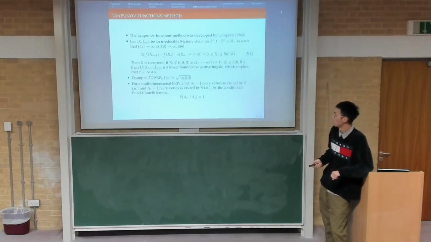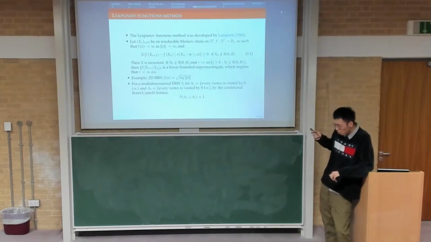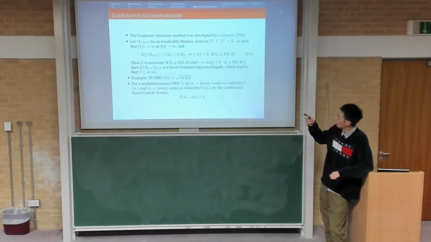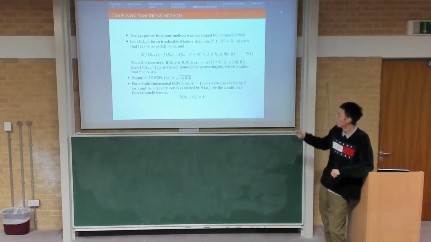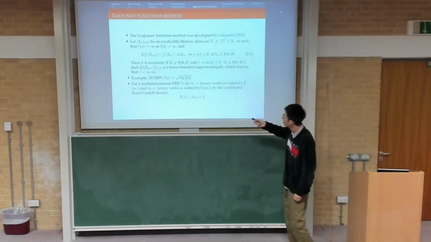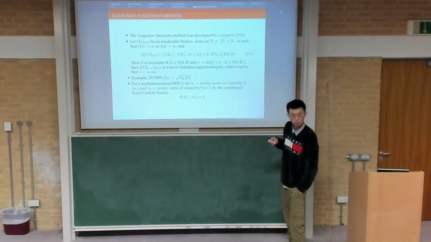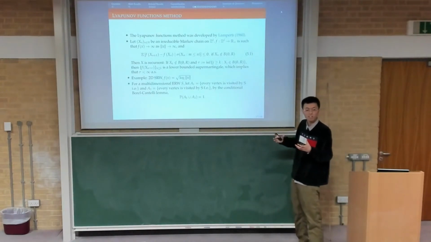The Lyapunov function method was developed by Lamperti. One of the typical arguments is like this. Here we're considering the Markovian case. Imagine that we have a random walk on Z^d. One useful way to show that it's recurrent is to find a good function f such that f goes to infinity as x goes to infinity, and f of x_n is a supermartingale, at least outside some fixed ball.